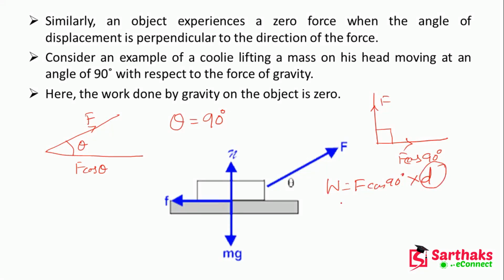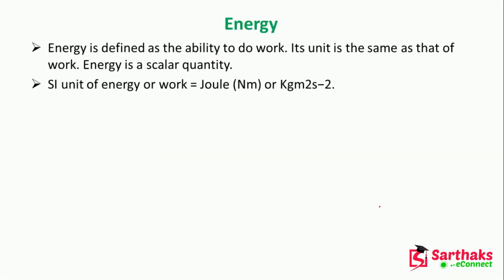Whatever the displacement, I will not bother, because this becomes 0. So it is a big 0, right? Work done is a big 0. Clear? So if the angle of displacement is perpendicular to the direction of the force, at that time work done becomes 0.